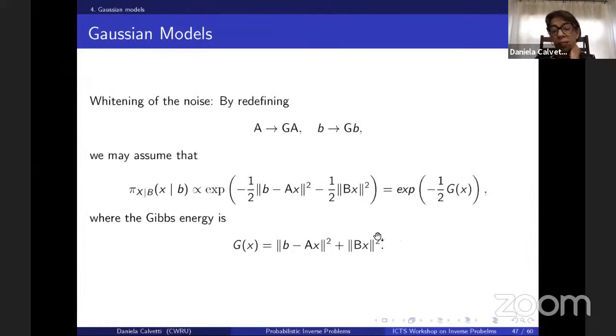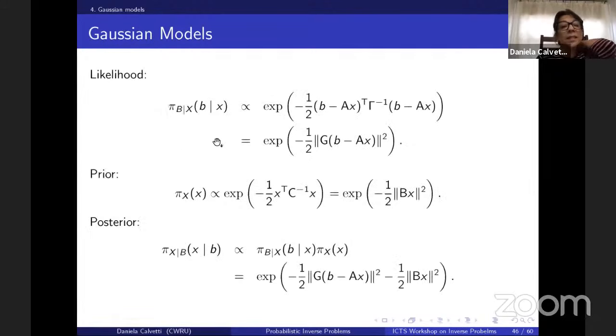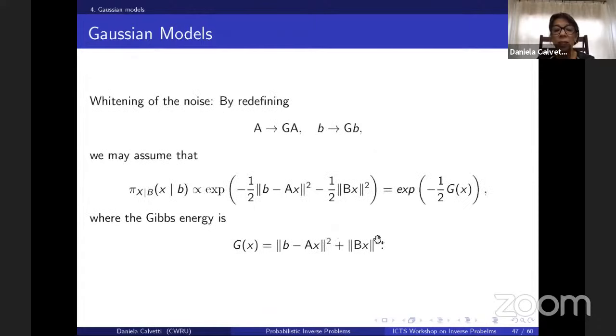These are the technical details when you're putting a Gaussian likelihood together with a prior. And again, in the prior, I'm writing it as a Gaussian, but you can have different components to it.